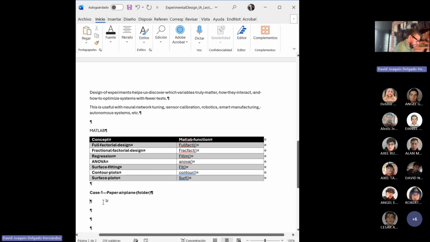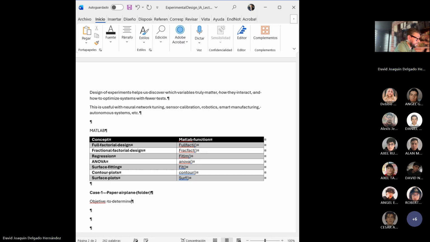The objective in this experiment is to determine which variables maximize flying distance, or flight distance.